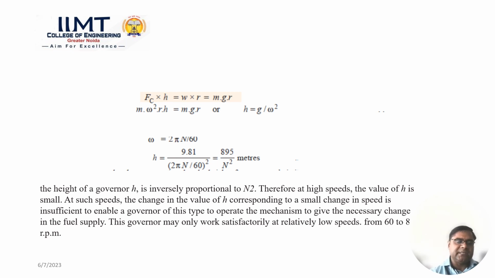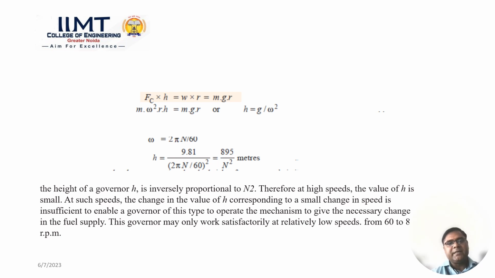This equation suggests that H is proportional to 1 by n square, or we can say that whenever the speed of the governor increases, the height of the governor reduces. So for very high speed, the height of the governor is very small.